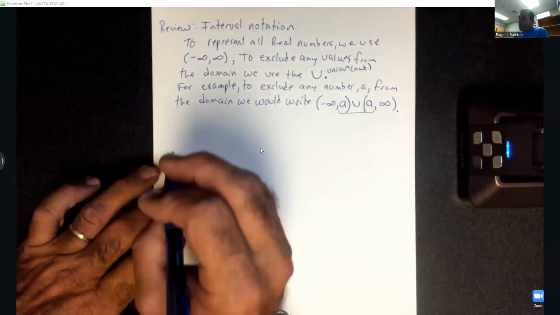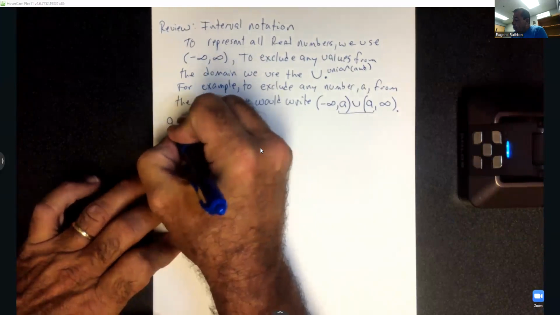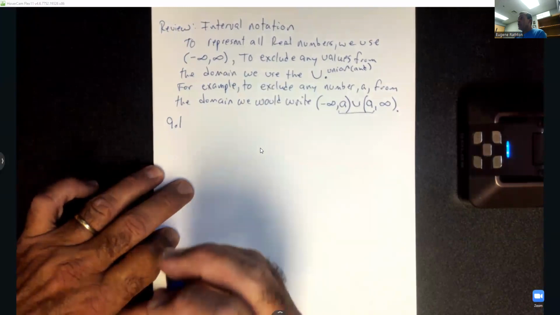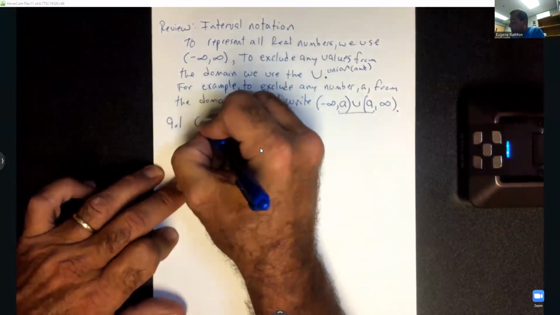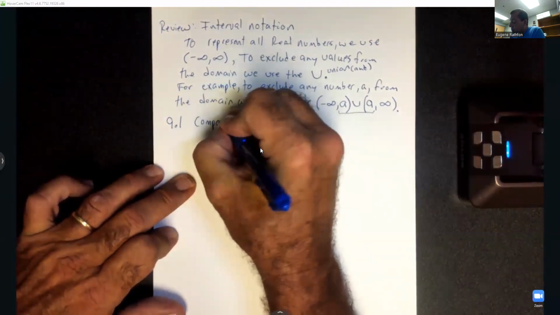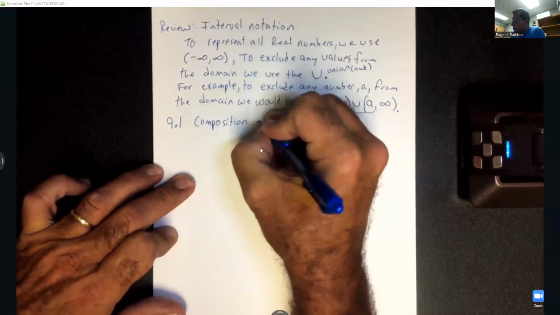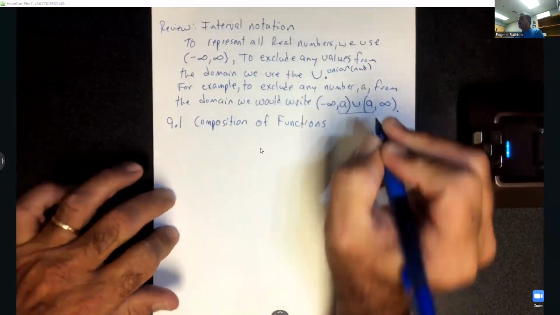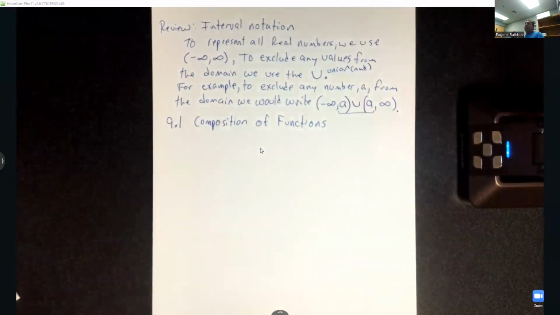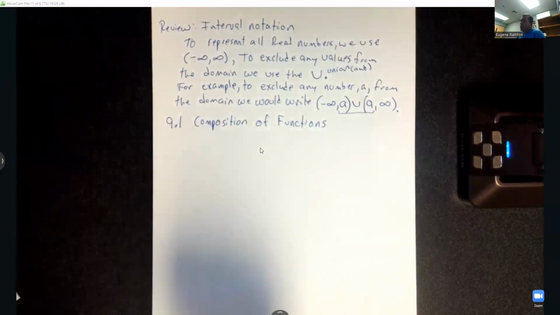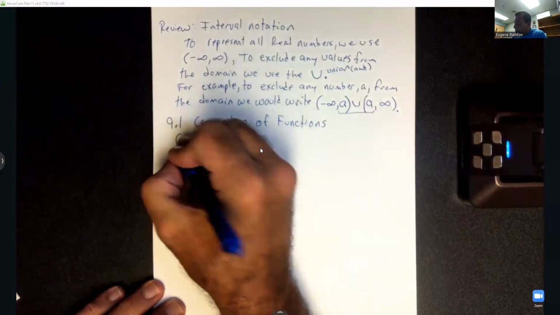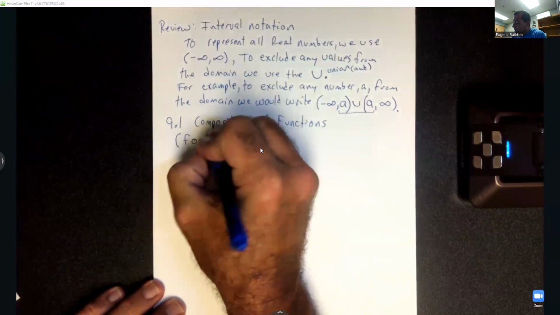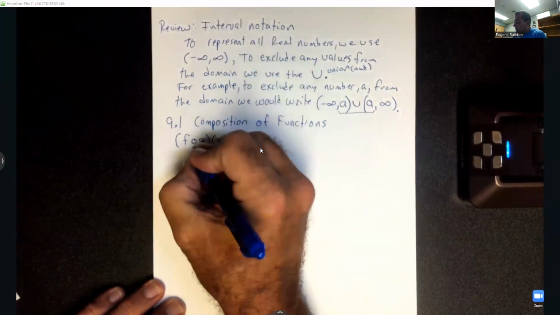So let me get y'all started on 9.1. 9.1 is what we call composition of functions. So I'm gonna give you some symbolism here. So first we got f compose g of x.